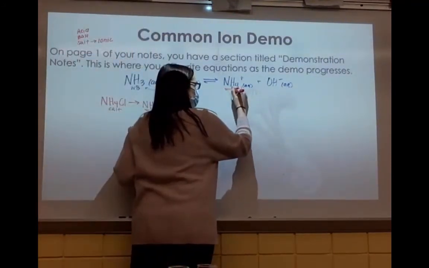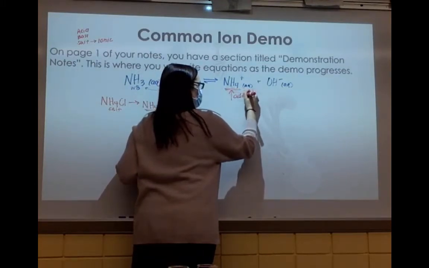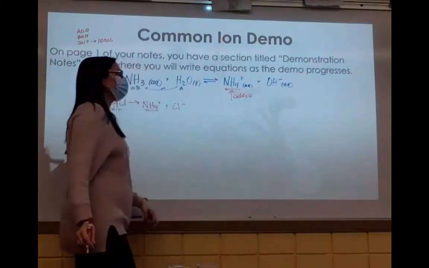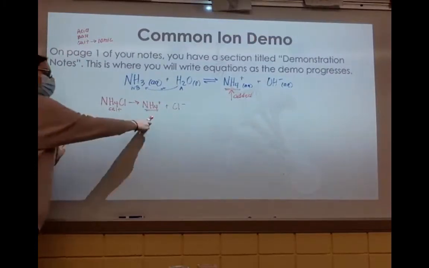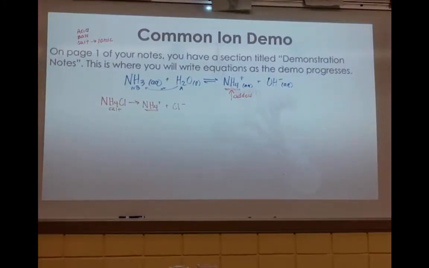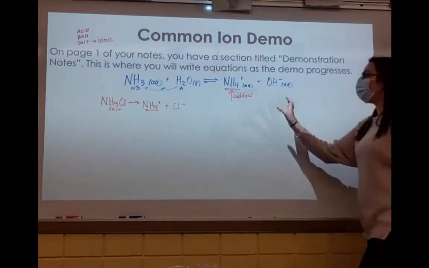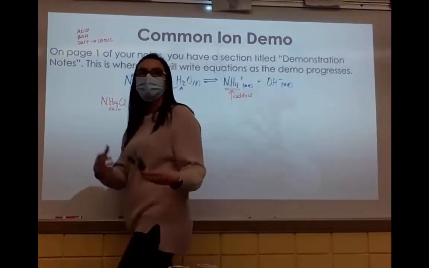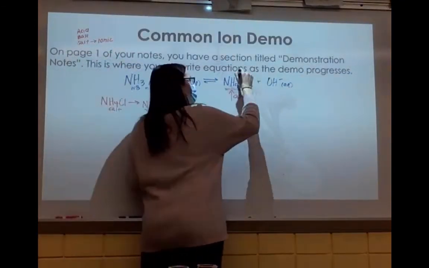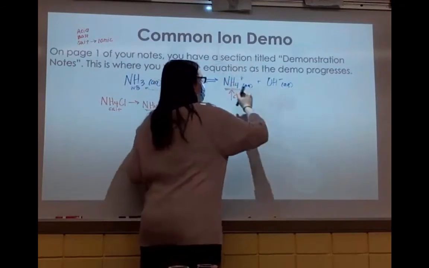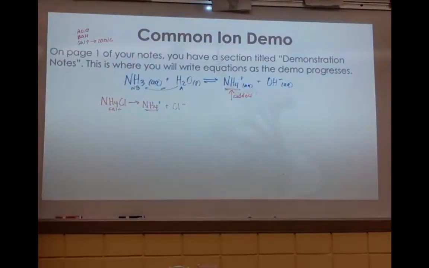So we added NH4+. It was at equilibrium. We disrupted the equilibrium by adding NH4+ from the salt. So the reaction has to shift. The reaction has to shift in a way that's going to undo this change that we did. That's what Le Chatelier's principle says. So right now I have too much NH4+.